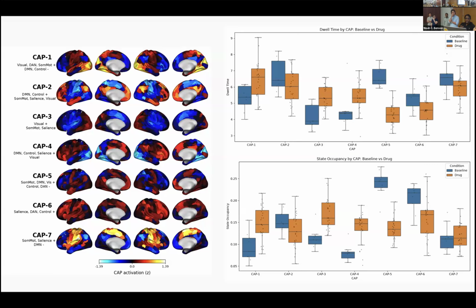And on the right, or your left, I guess, that's showing the dwell time and the occupancy across the drug session from baseline versus drug. You can see some differences in CAP 3, 4 and 5 for both of them.